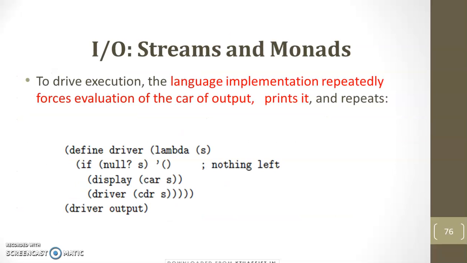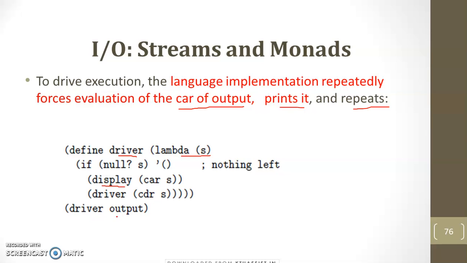So how is it being implemented? It forces the evaluation of CAR of output, prints it and repeats the operation till it becomes empty. So here we are making use of the display function. The driver will be taking one argument in the form of a lambda expression, and that argument can be some list.